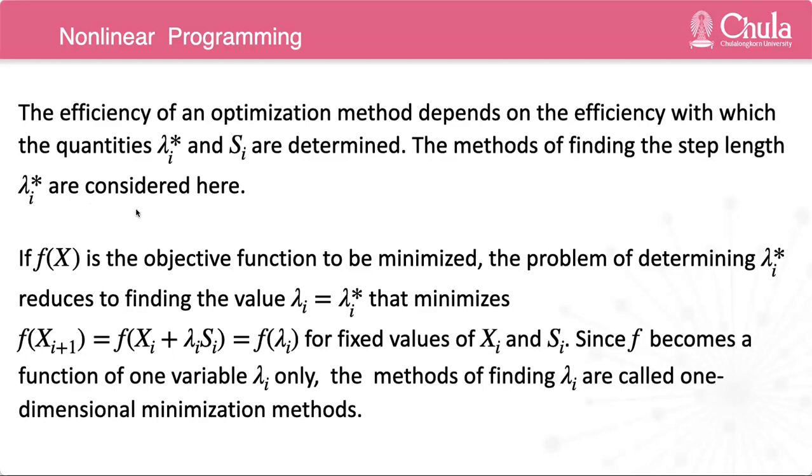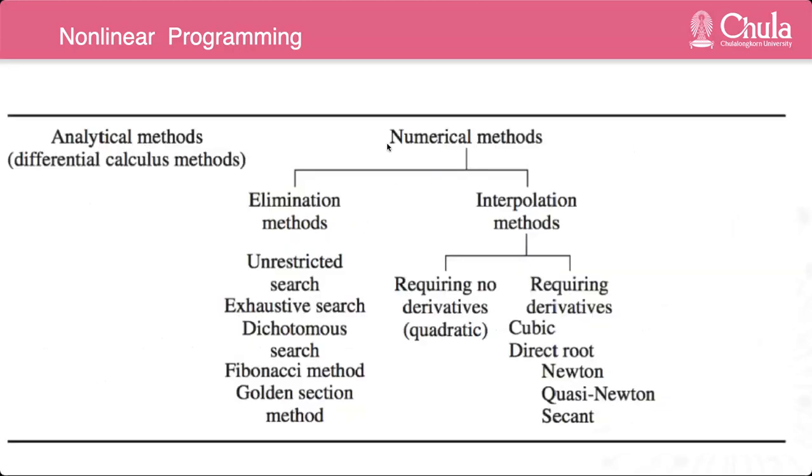I will show you some basic algorithms to find the direction and also the step length. Okay, so we can broadly classify the techniques into two types. The first one is the analytical method, like using differential calculus.